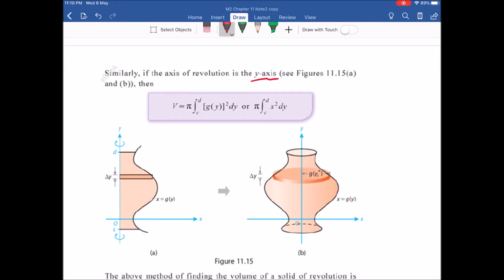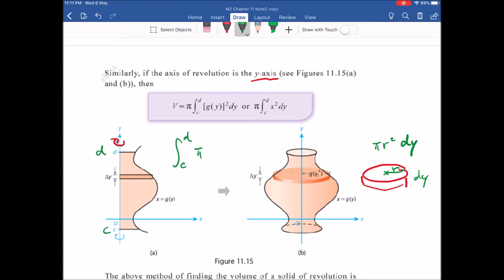Now some students may ask what if it is rotated along the y-axis. Then it is still a disc, but in this form. Again, the radius is r, so it is pi r squared, and the height is dy. You want to integrate, for example, from c to d of pi r squared dy.